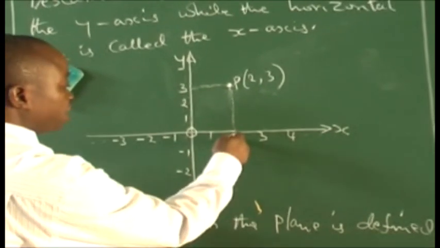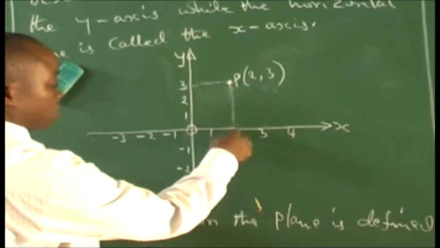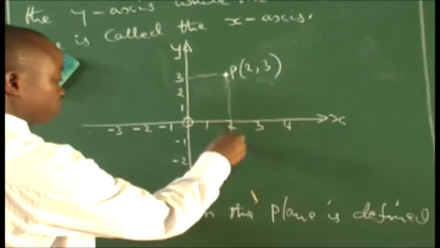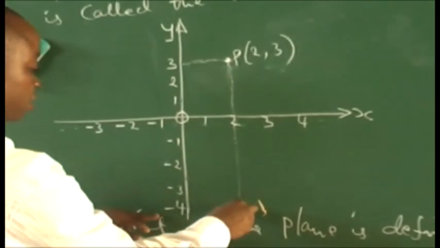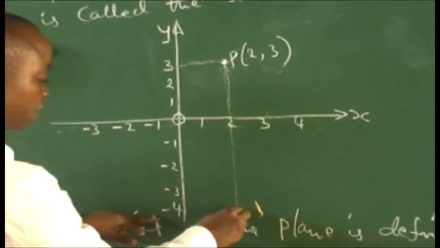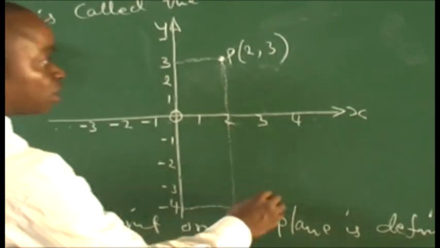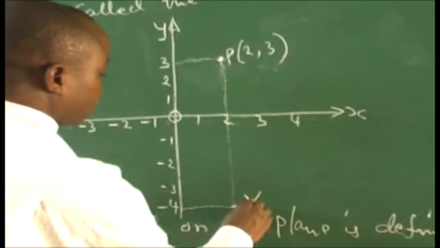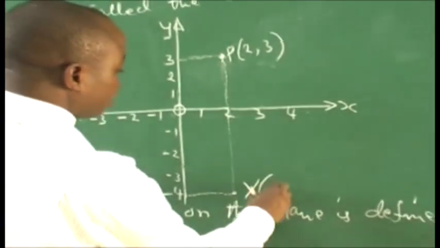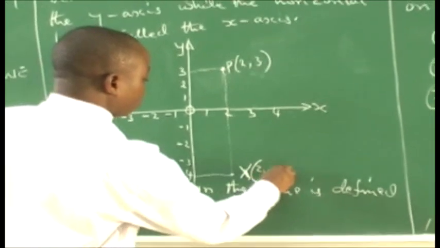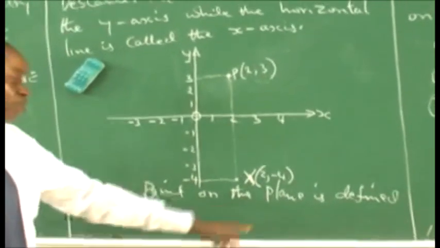So this is where the points will correspond. If I trace to this place, then I also trace to here. So this is the coordinate of X. So X has coordinates 2 and what? Minus 4. So that is what we call coordinates.